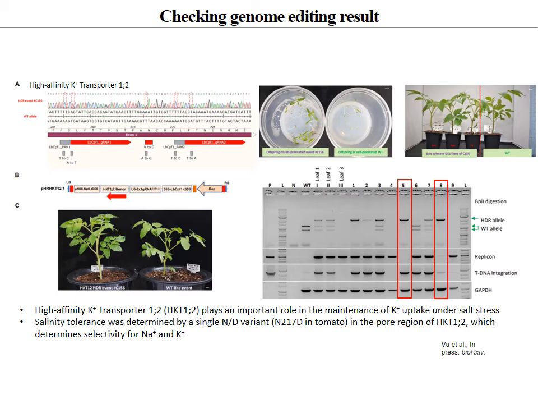And another method is to just extract the DNA and digest using some sequence specific restriction enzyme. So if the indel mutation deletes that restriction enzyme recognized sequence, you cannot get the double band.